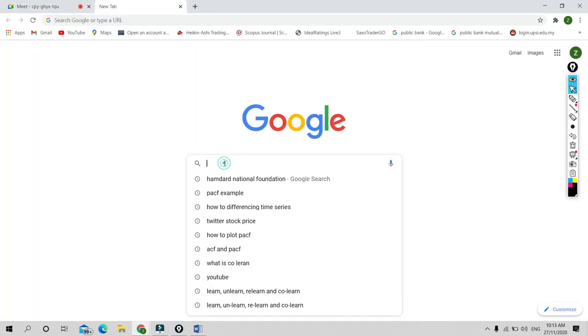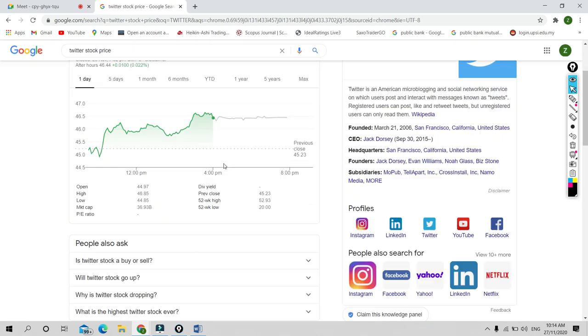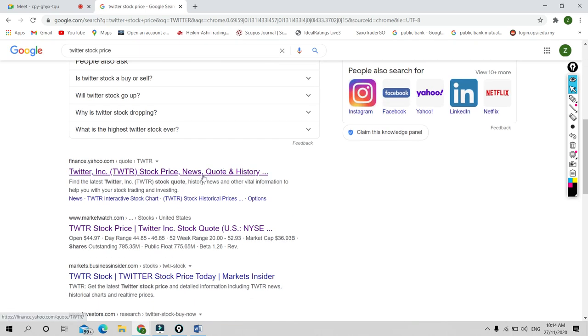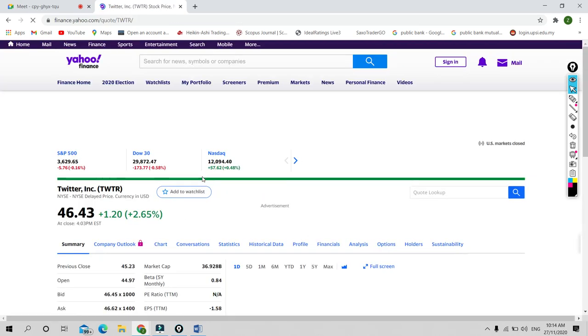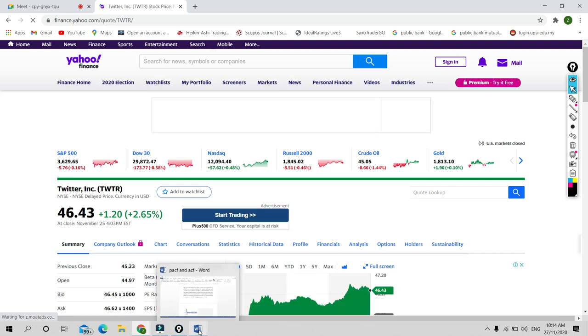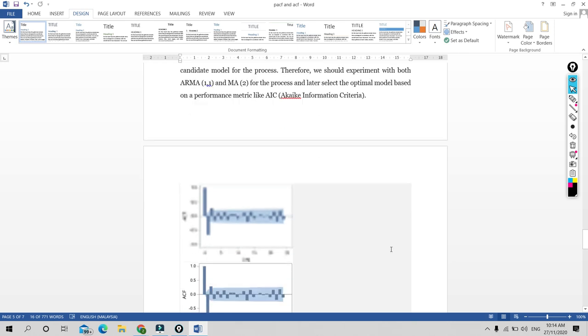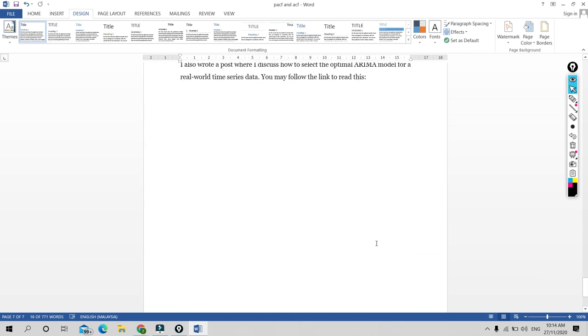So hari pertama penjualannya katakan RM100, hari kedua RM200, hari ketiga RM300, hari keempat RM400, hari kelima RM500, hari keenam RM600, hari ketujuh RM700. Ada seminggu. So ini jualan aiskrim for a period of 1 week. This is day 1, day 2, day 3, day 4, day 5, day 6, and day 7.